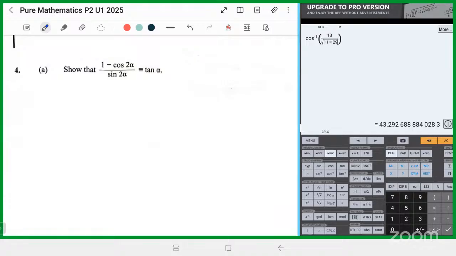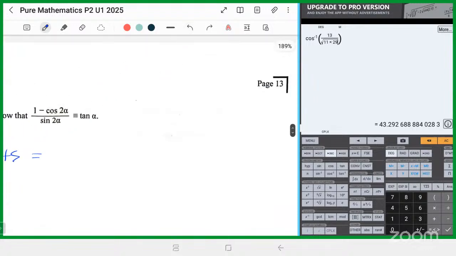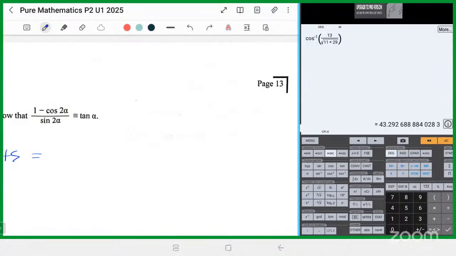So the left hand side equals... Now this cos double angle can be written in 3 ways, and we're using the one that is favorable, the one that is going to subtract a 1.